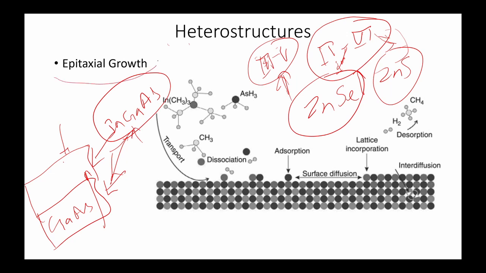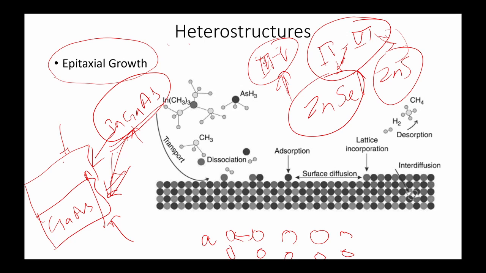So in epitaxial growth, gallium arsenide will have some lattice. This is the lattice of the gallium arsenide, with some lattice parameter A, let us say, and indium gallium arsenide will follow this lattice parameter. Whatever structure the gallium arsenide has, the indium gallium arsenide will follow that same structure, which we call epitaxial growth.